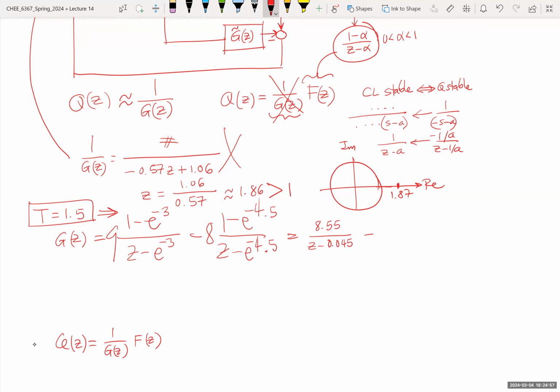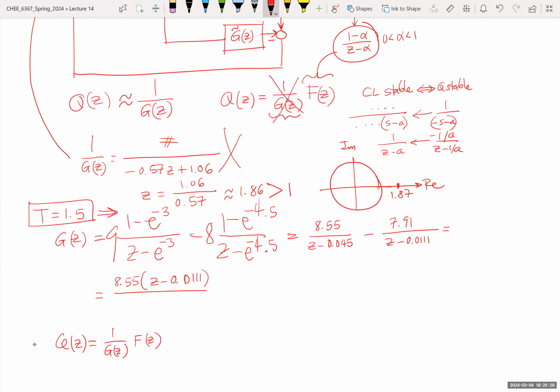And the other one is minus z minus, what is e to the minus 4.5? Okay. And the numerator is 8 times 1 minus this, which is 7.91.